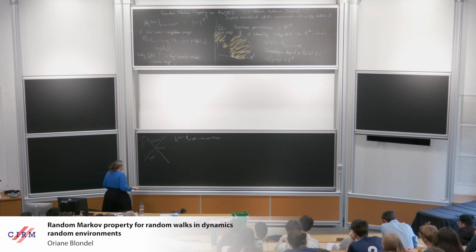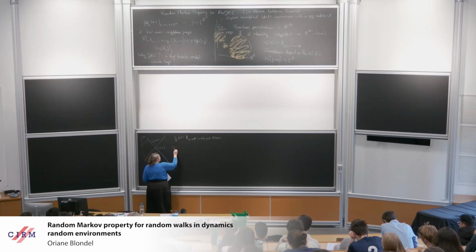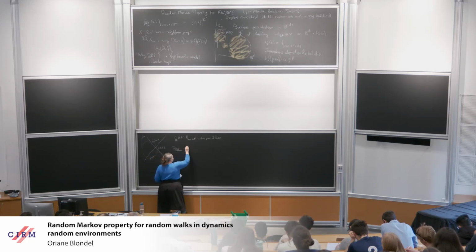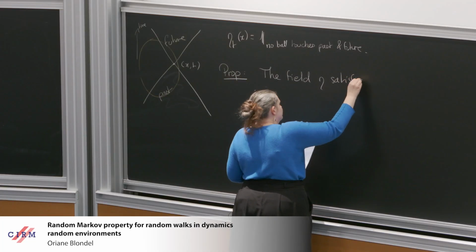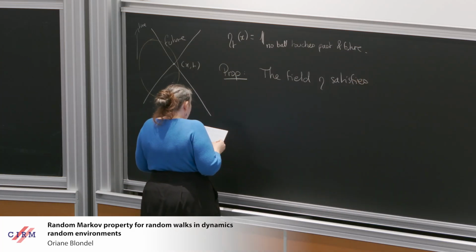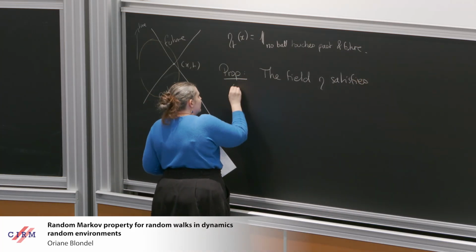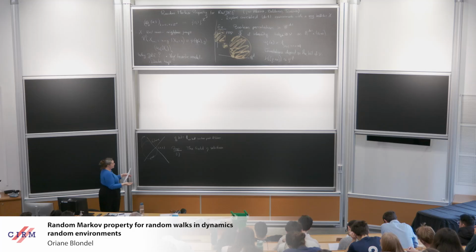And it's not only well defined, it has very nice properties. I claim that the field eta satisfies, first, exactly what I built it for: the future does not depend on the past, except through the fact that eta is 1.